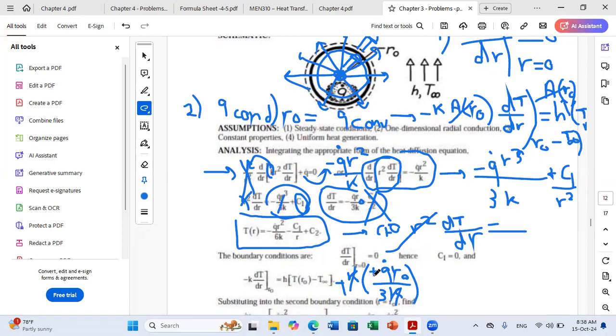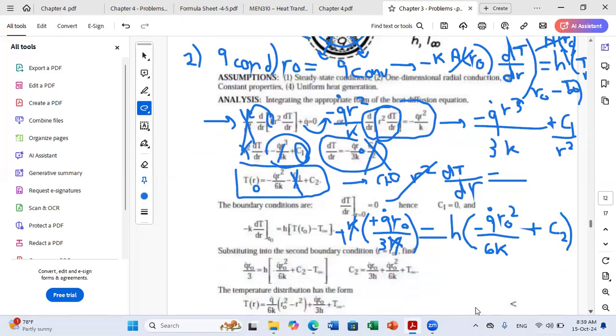So plus Q dot R0 over 3 is equal to convective coefficient H times T R0. To get T R0, I replace here T R0 by its expression. So it's minus Q dot R0 square over 6K. We already determined that C1 is 0. So plus C2. And this condition will allow you to calculate the value of C2.